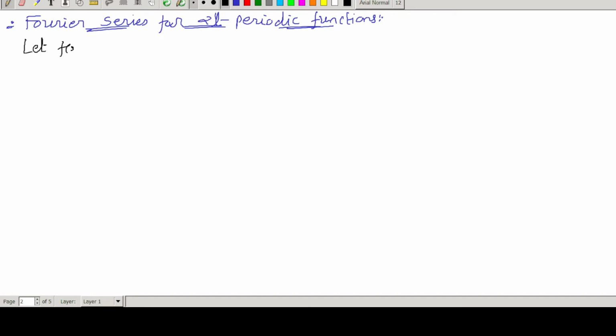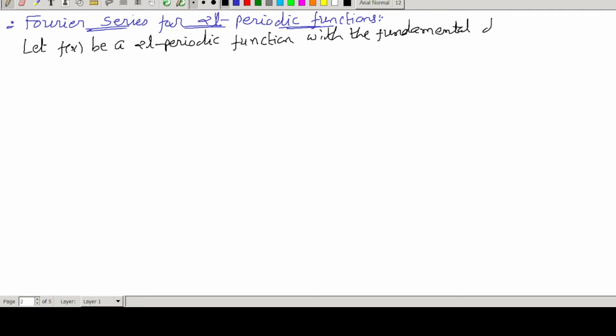So let f of x be a 2L periodic function with the fundamental domain c to c plus 2L.